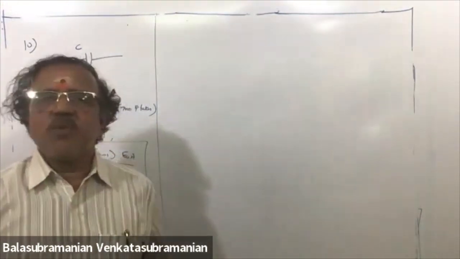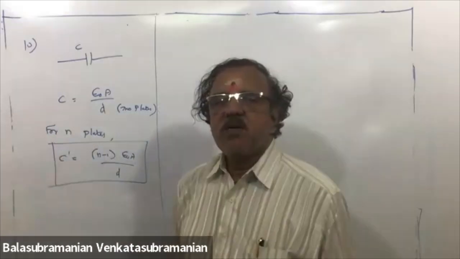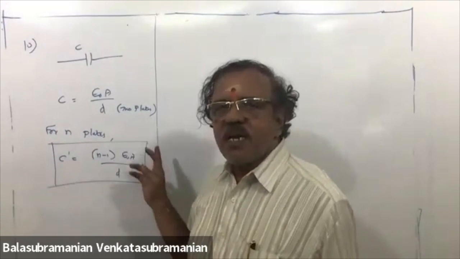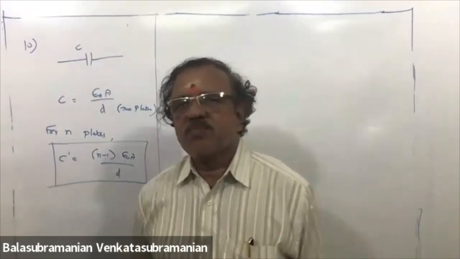How many plates you have, minus 1. 2 plates means 1 epsilon naught A by D. 5 plates means 4 epsilon naught A by D. N plates means n minus 1 epsilon naught A by D. Basic formula.